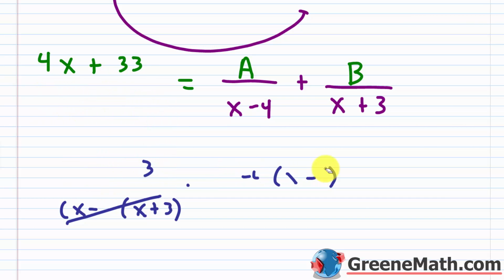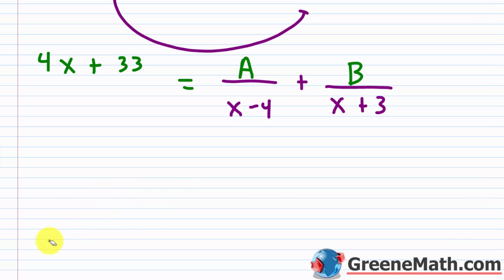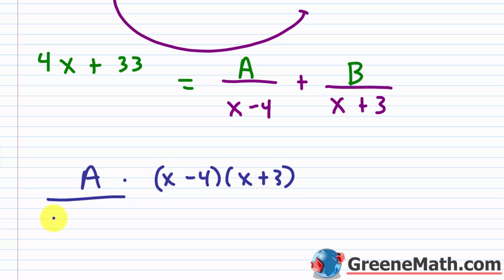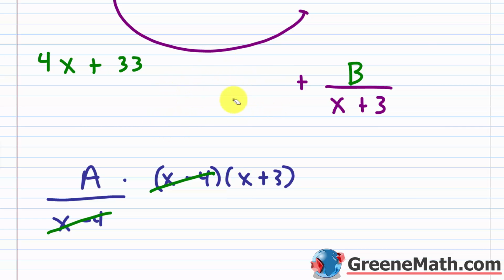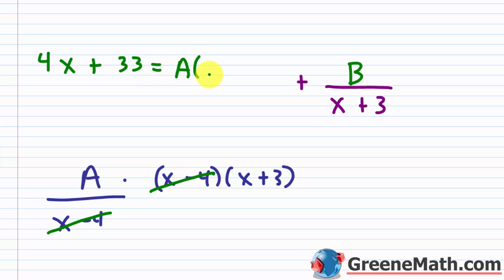Now, if I multiply this a times this x minus 4 times x plus 3. And again, this is over x minus 4. Well, what's going to happen is this will cancel with this, and I'll have a times this x plus 3. So let me erase this, and I'll say this is a times this quantity, x plus 3, okay?